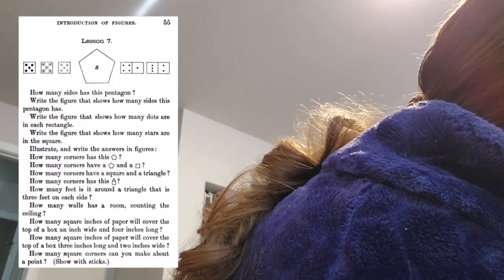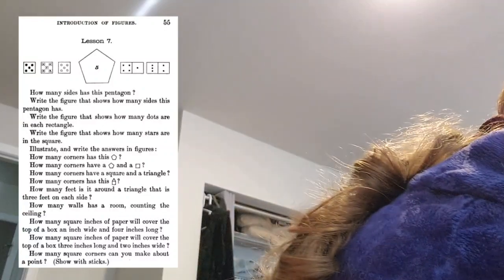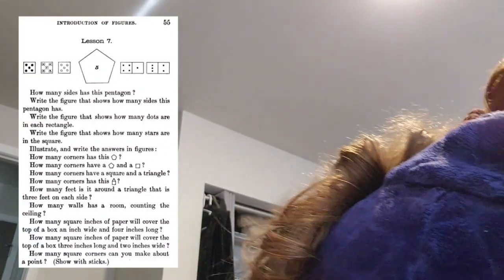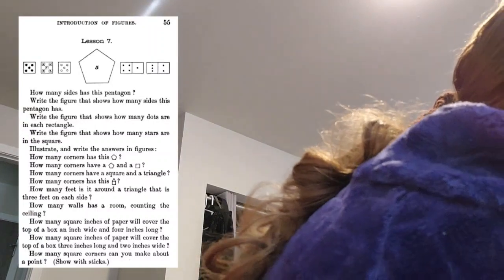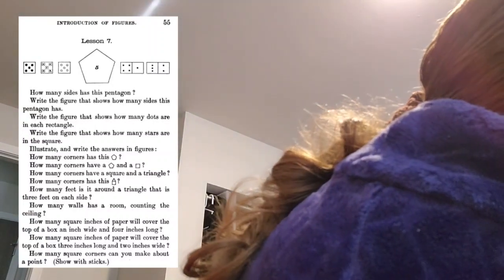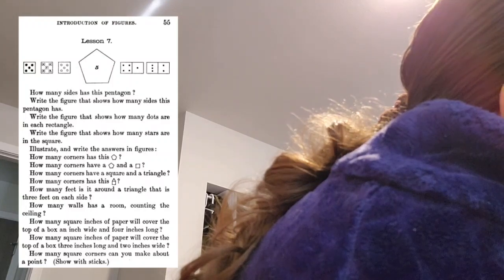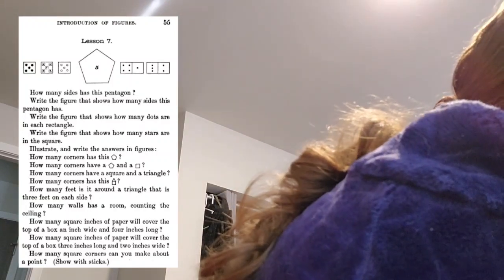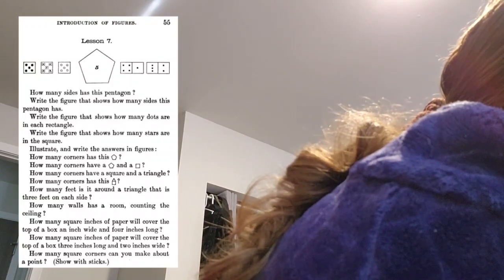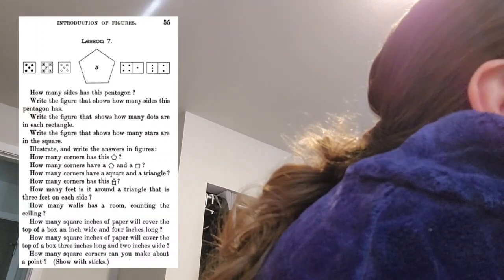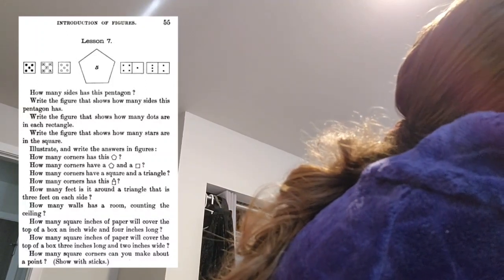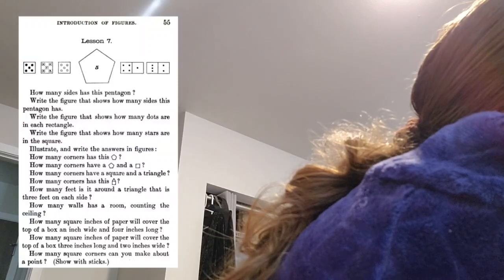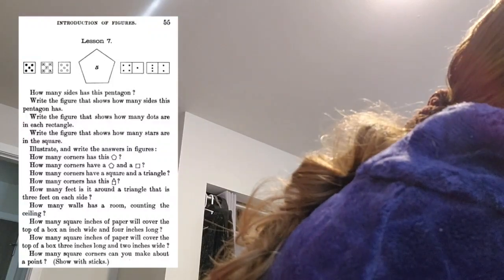Oh, but they don't have 5 and 0. That's weird. Okay. Next one says, write the figures that show how many dots are in each square. Oh, okay. Interesting. Alright.